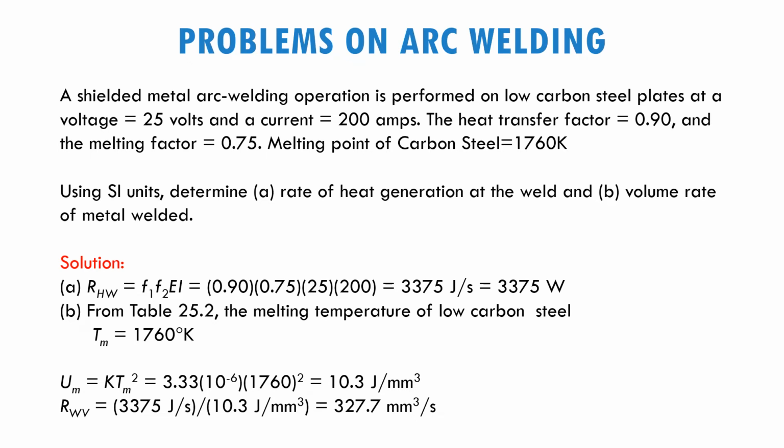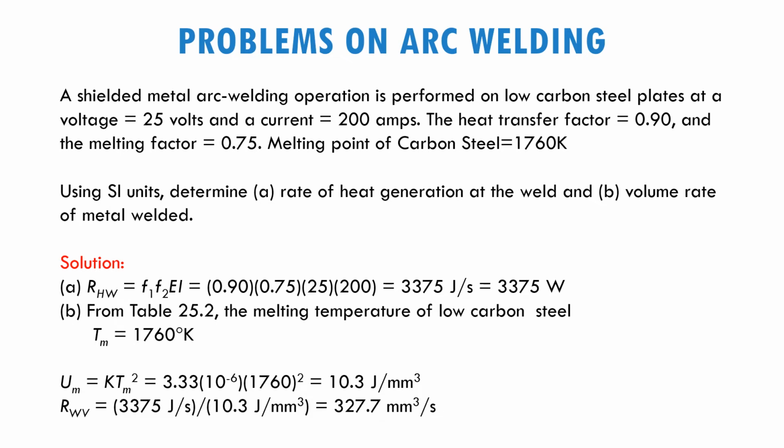For the rate of heat generation, you know that RHW equals f1 f2 EI, or UM times WV, right? Since we have already been given f1, f2, E and I, we can just put all the values into the equation.